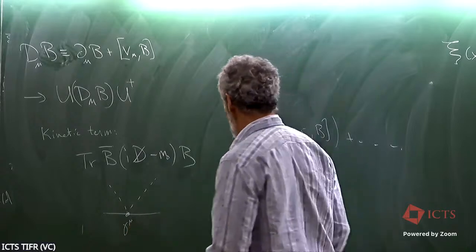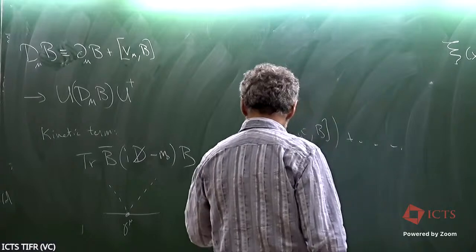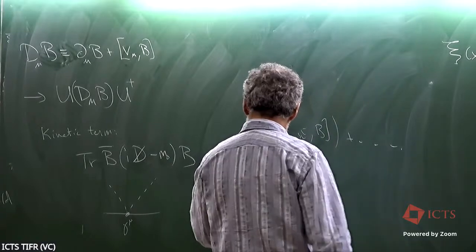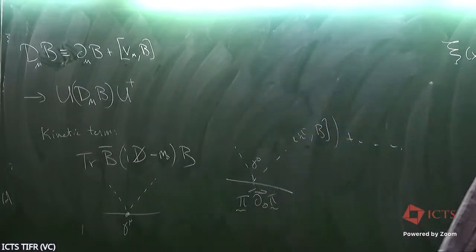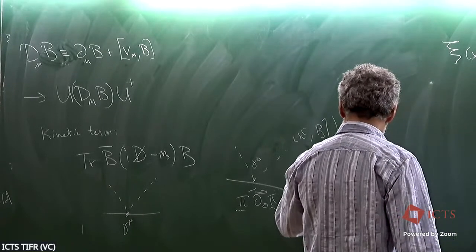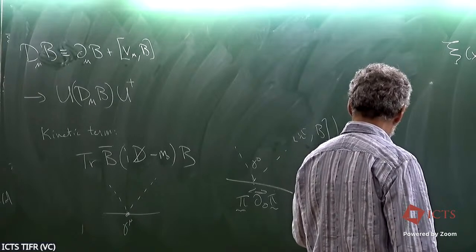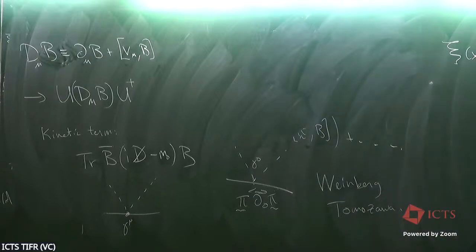So the leading term you get from this is these pions here with this pi d0 pi coupling, the gamma zero at the vertex. That's the leading non-relativistic term. And this is called the Weinberg-Tomozawa term. You may notice a pattern that Weinberg's name keeps coming up.